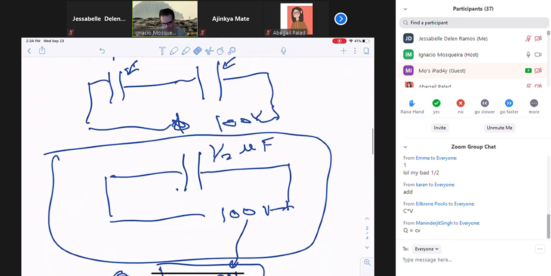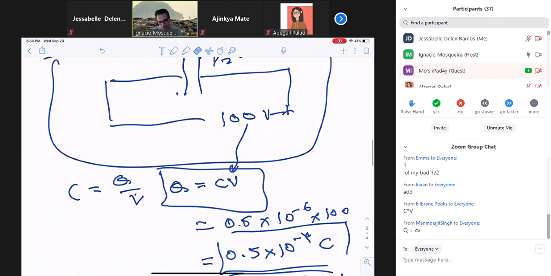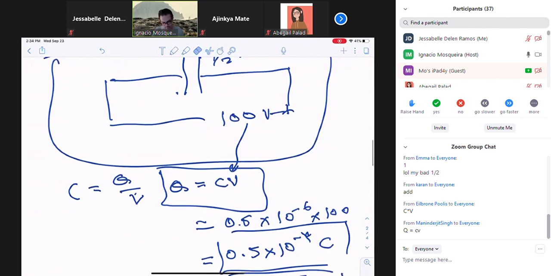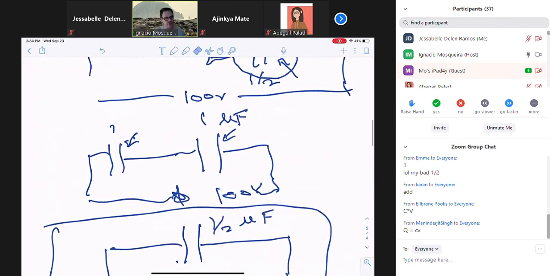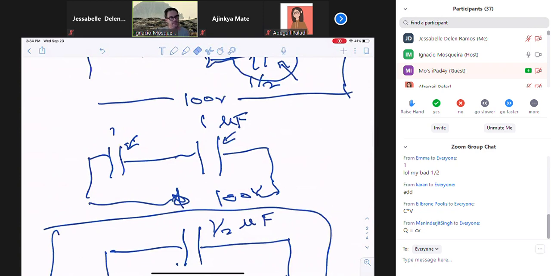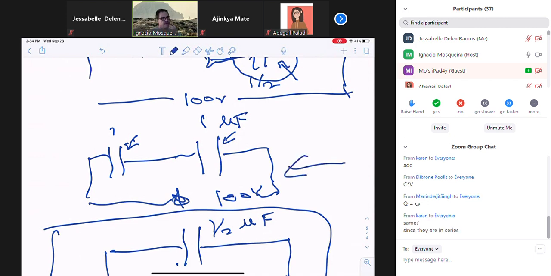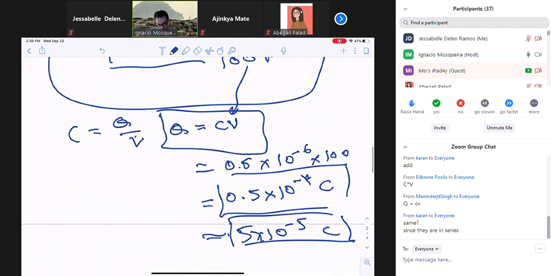We already found the charge here. How about the charge on either one of these? They're the same as each other, and equal to this value.